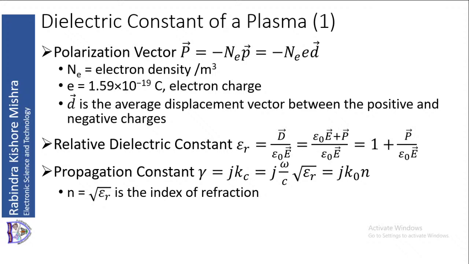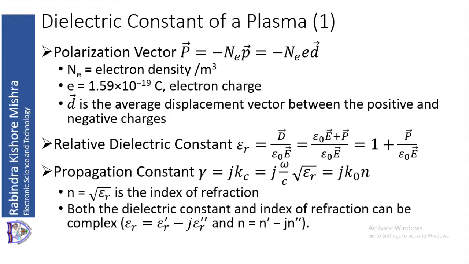Now, epsilon r can be complex in nature. If epsilon r is complex, then its root will also be complex. Therefore, both epsilon r and n can be complex. So the dielectric constant and index of refraction can be complex in nature.